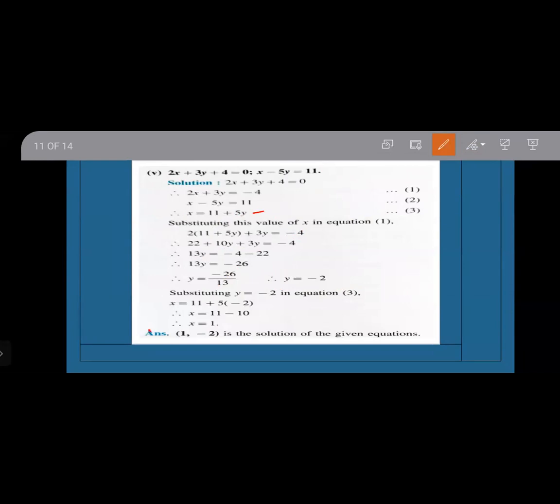So the solution set, that is 1 comma minus 2, is the solution for the given equations. So this is how you can solve using the substitution method. In the substitution method or the elimination method, you have to select any one equation, but the difference is that in the elimination method you have to check the sign also.